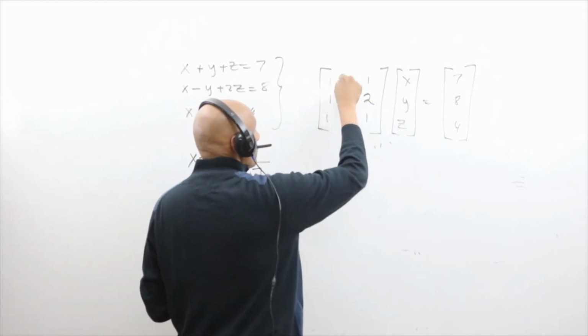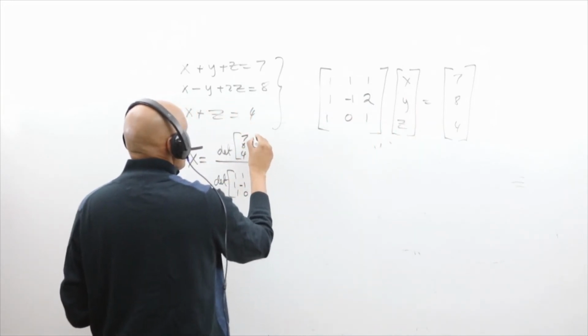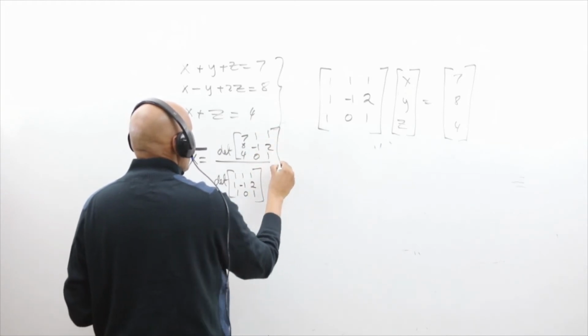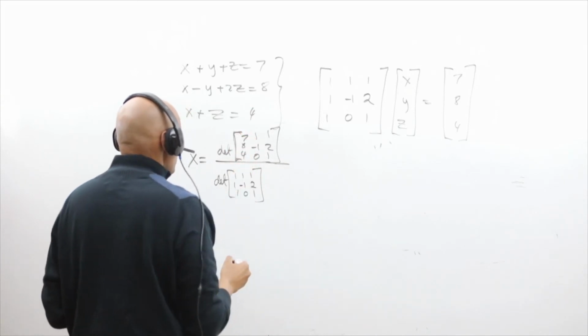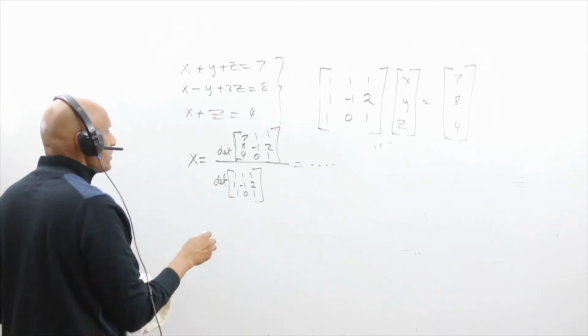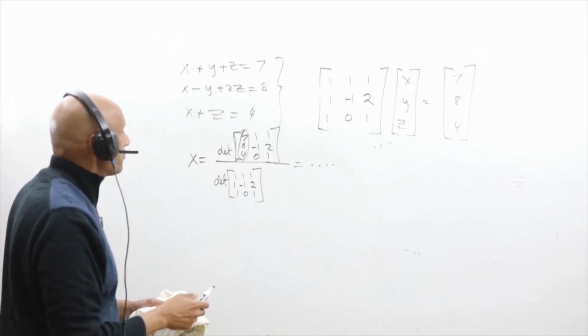So we're going to replace the first column with 7, 8, 4, followed by 1, minus 1, 0, 1, 2, 1. We can expand this determinant, but I won't do it because it's time consuming. So let's leave it at that. The main procedure is that you're replacing the first column with 7, 8, 4.